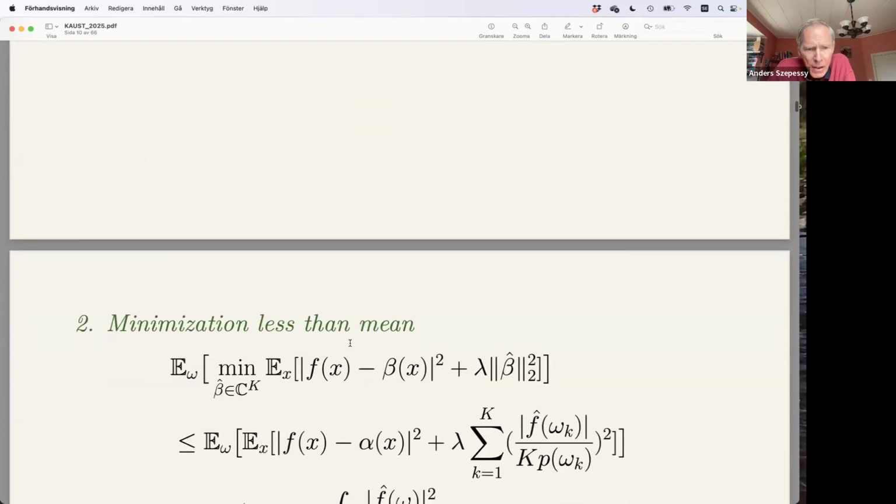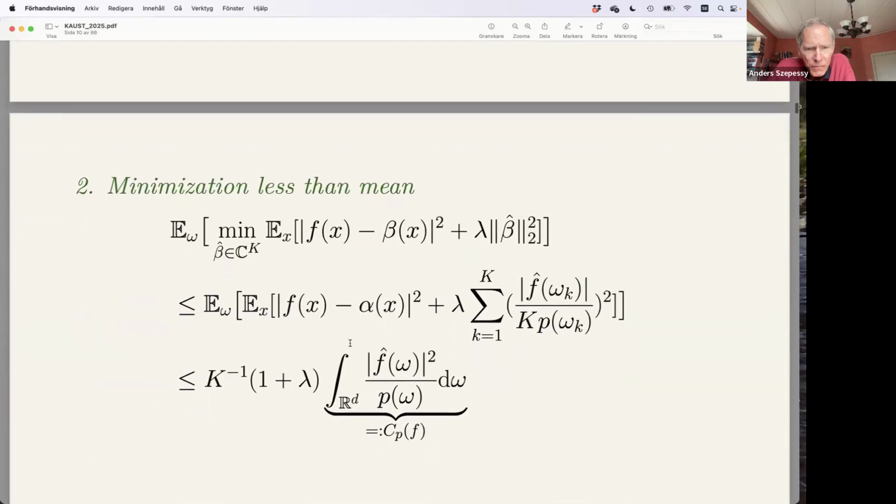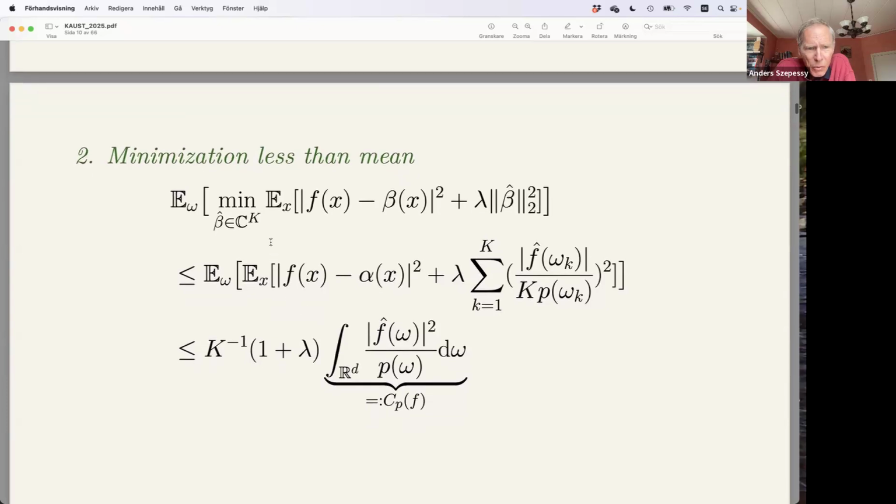And the estimate we have is then that the generalization error is going to be less than if we plug in this Monte Carlo approximation I just derived.